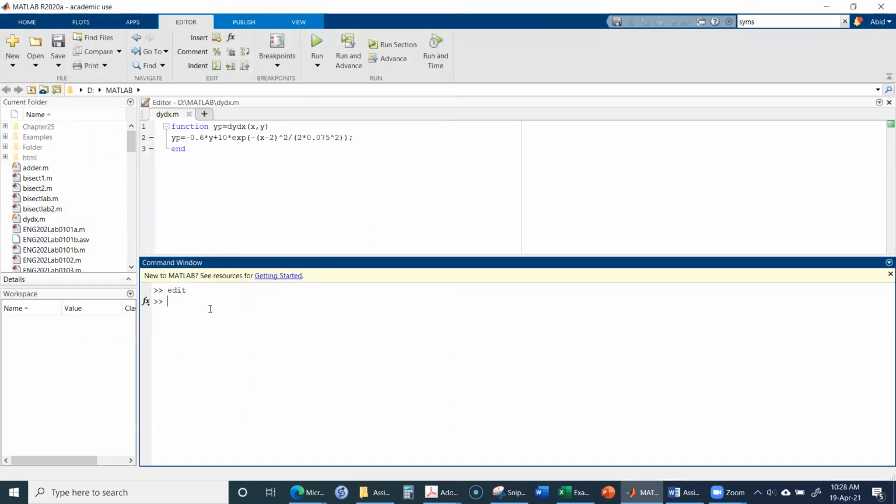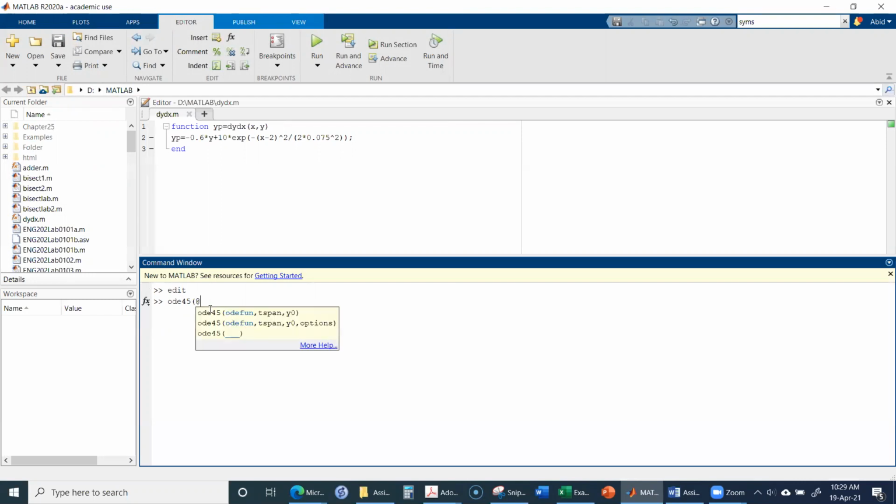Now I can call the ODE solver. So I can call it as ODE45, the solver for ordinary differential equations.